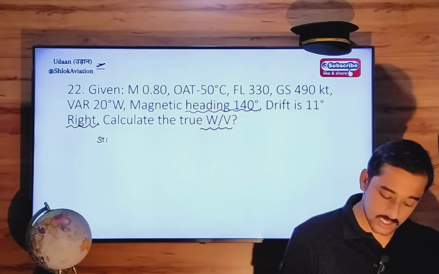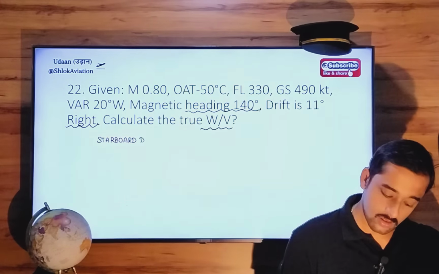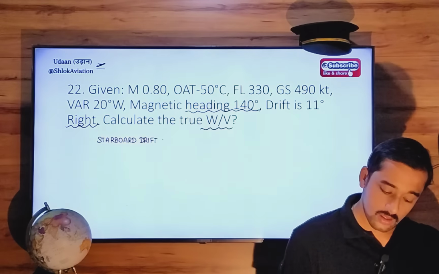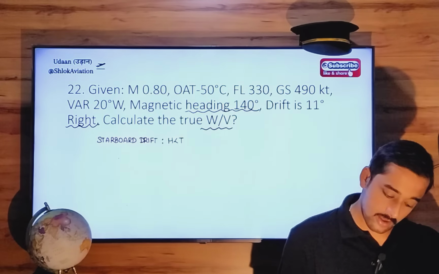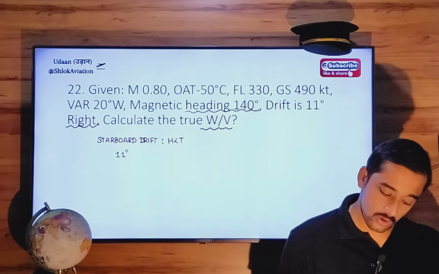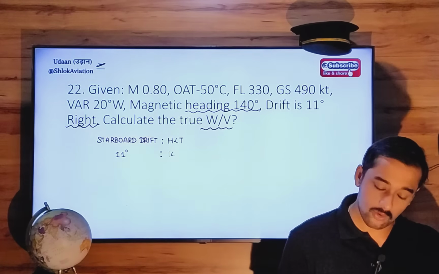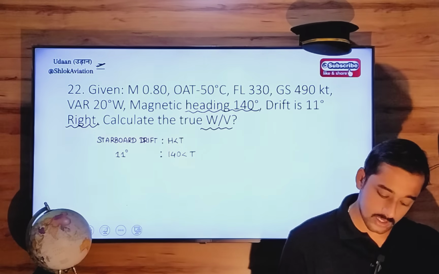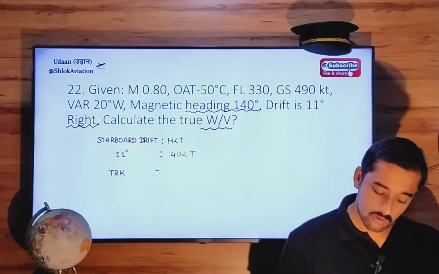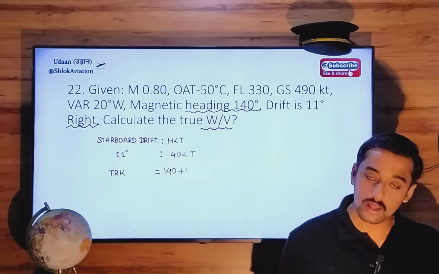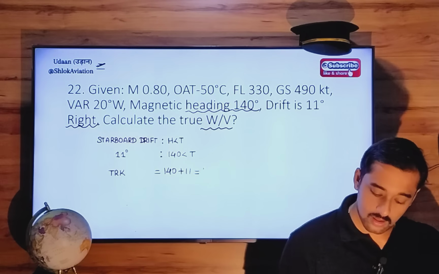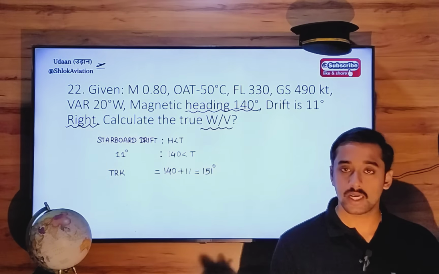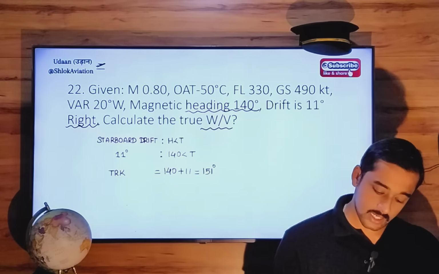Whenever you have starboard drift, the heading will be less than track, right? Now you have 11 degree starboard drift, heading is 140, so track will be equal to 140 plus 11, that is 151 degrees. So magnetic track is 151.